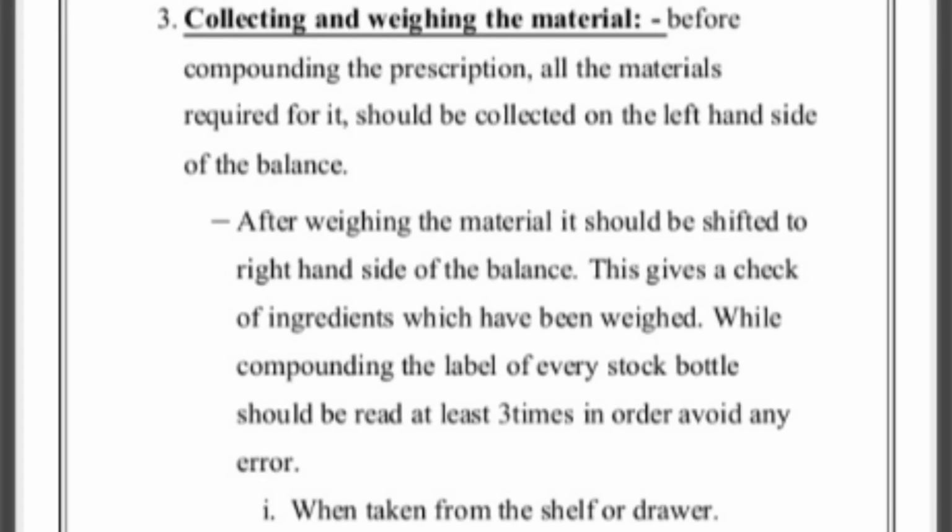This gives a check of the ingredients which have been weighed, and while compounding, the label of every stock bottle should be read at least 3 times in order to avoid any error, like when taken from the shelf or drawers.